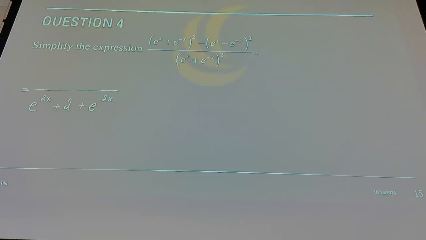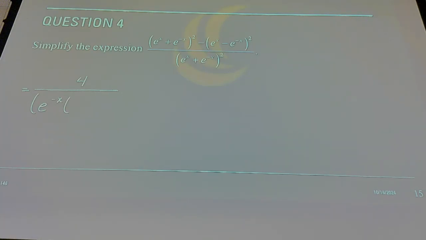Actually, I need to do that. No, I'm not going to do that. I'm going to get rid of the negative exponent in the denominator.